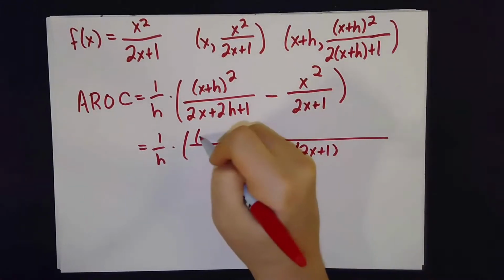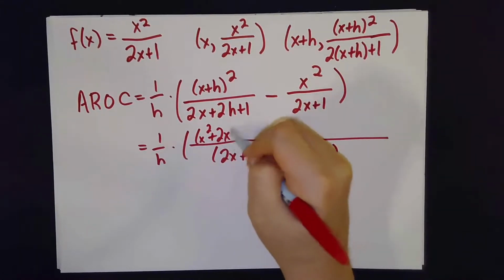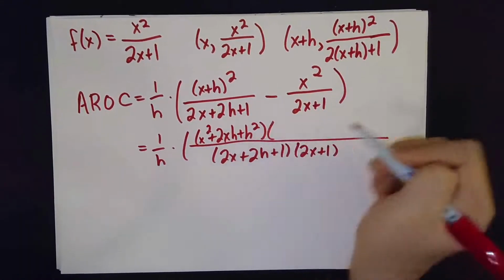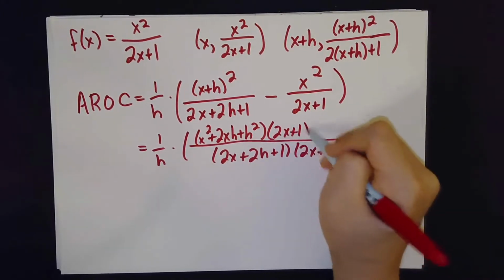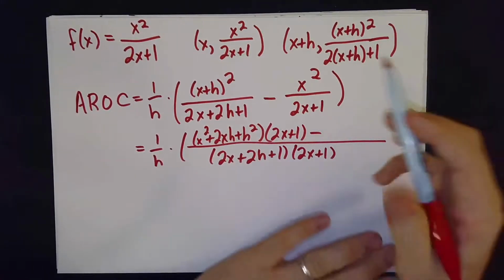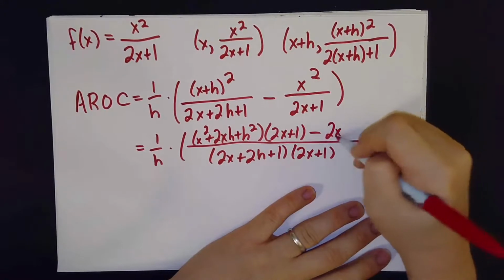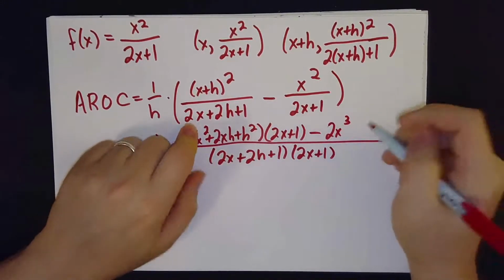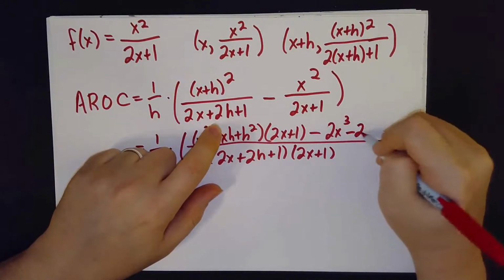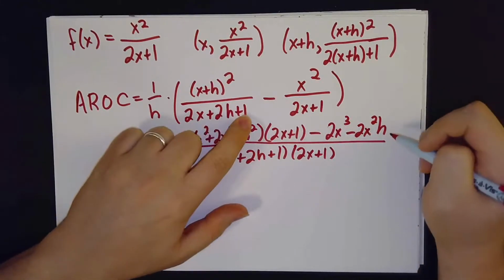Okay, so this is going to be x squared plus 2xh plus h squared times 2x plus 1 minus 2x cubed minus 2x squared h minus x squared.